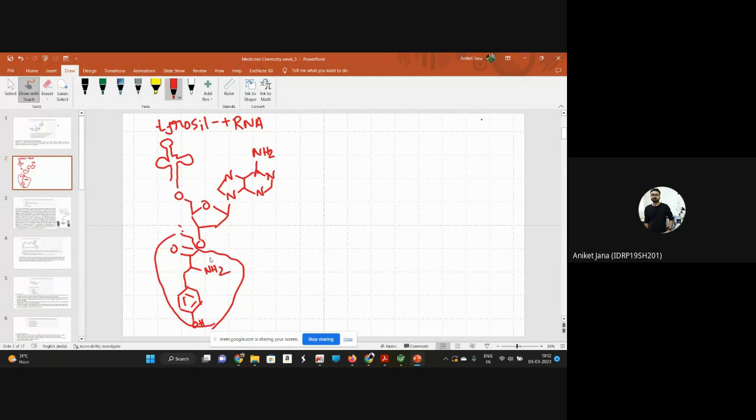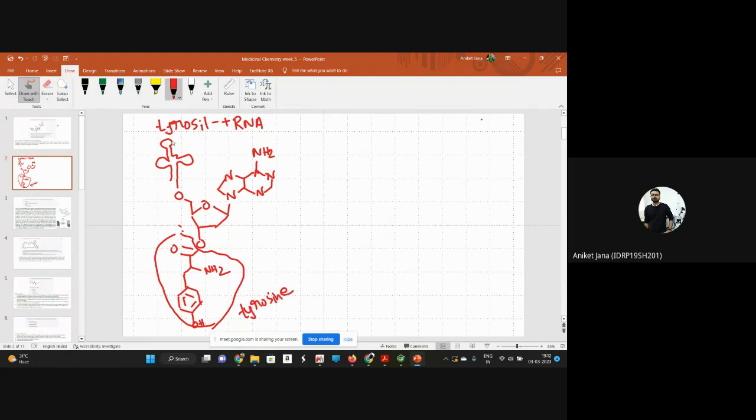This is a very important amino acid of our body. The phenyl ring with an OH group at the para position. What is the name of this amino acid? Okay, this is tyrosine, right?